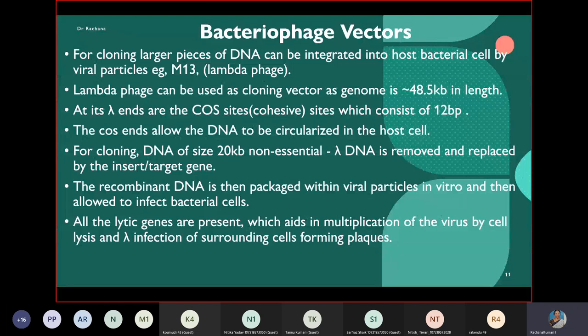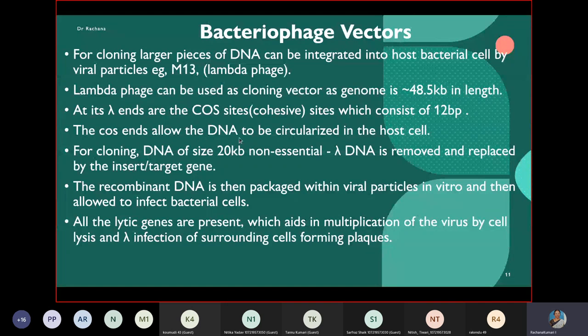Therefore, we can exploit this pathway for designing our vectors, to see how these viruses can be used as vectors. At the same time, there are genes that are specific for the lytic and lysogenic cycle.